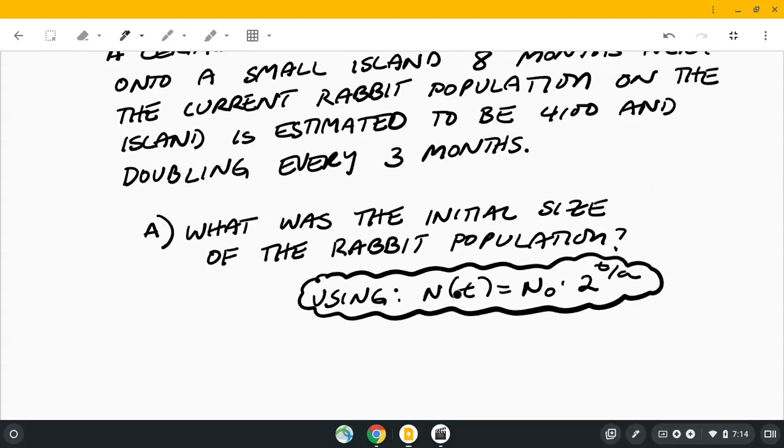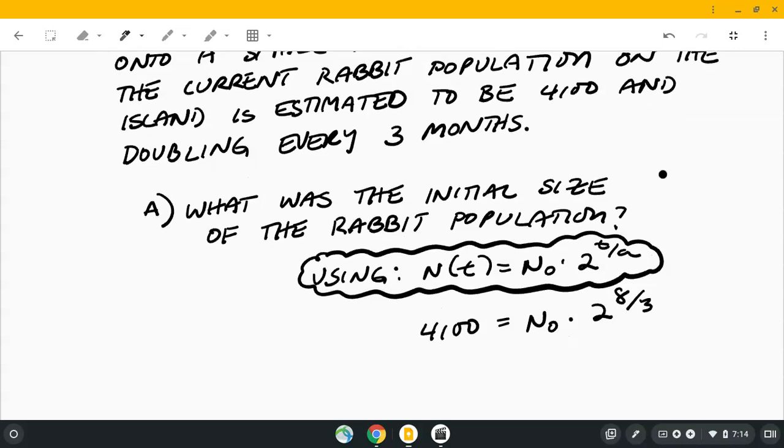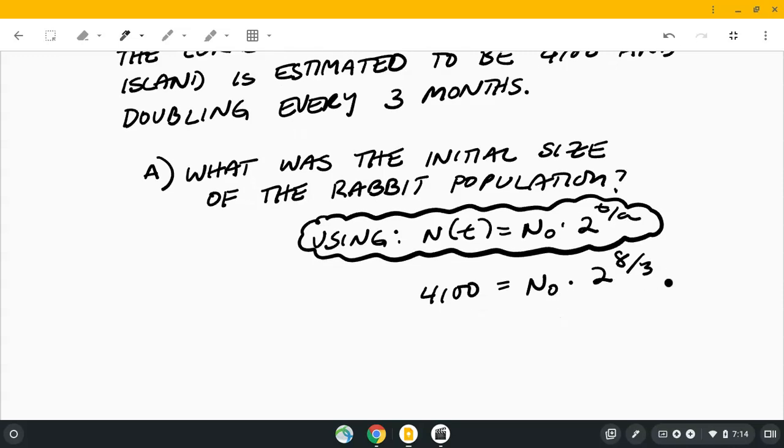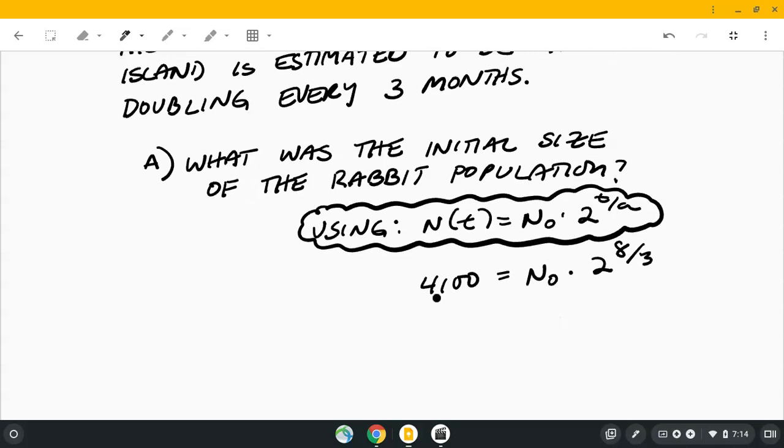We know this final amount after 8 months is 4,100. And then a, remember, a represents the time it takes to double. It's doubling every 3 months, so that would be 3. So I have this much and I need to solve for N naught. I can solve for N naught because it's the only variable that's left.